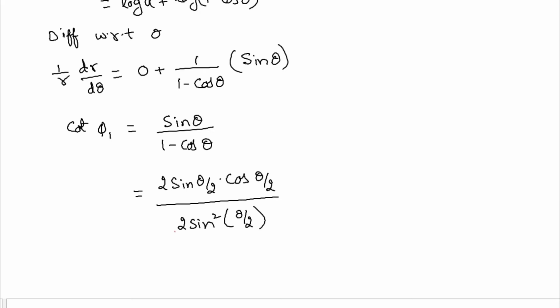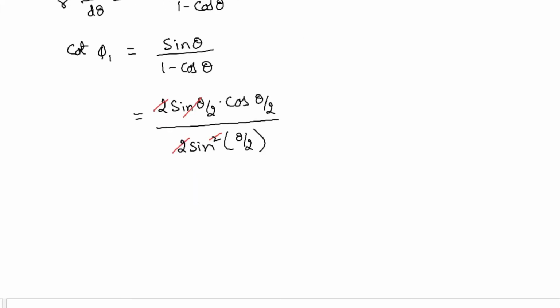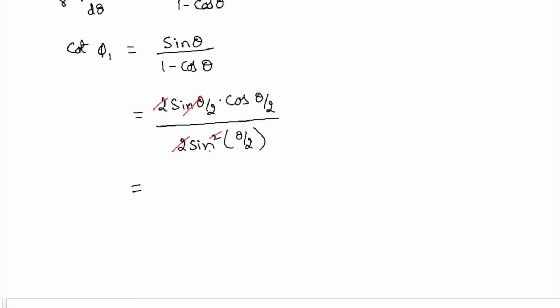We can cancel out 2 and one sine theta by 2 in the numerator and denominator. We are left with cos theta by 2 divided by sine theta by 2, which is nothing but cot of theta by 2. On the left hand side we have cot of phi 1. Hence we get the value of phi 1 to be theta by 2. So that's the first value we got, phi 1 equals theta by 2.